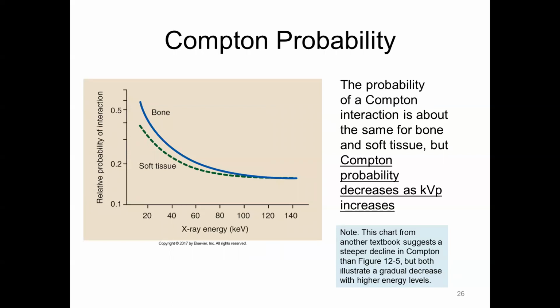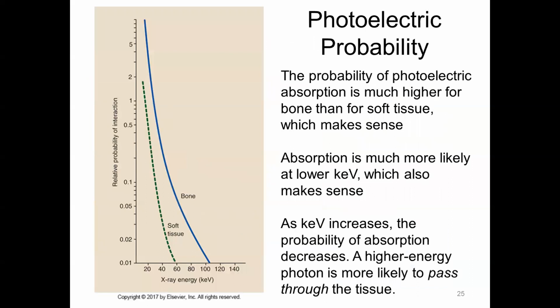Now this is interesting because it's pretty similar for bone and soft tissue. There are subtle distinctions, but they're not too far apart from each other in terms of those slopes. Going back to photoelectric, pretty broad gap here between odds of soft tissue absorption and bone absorption.